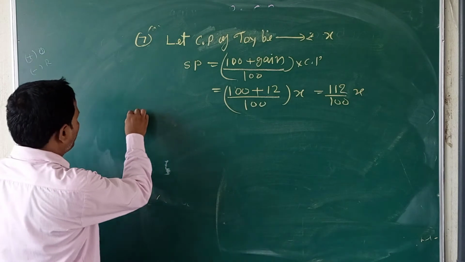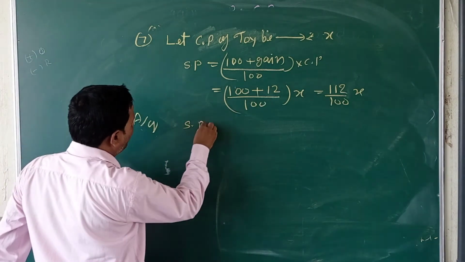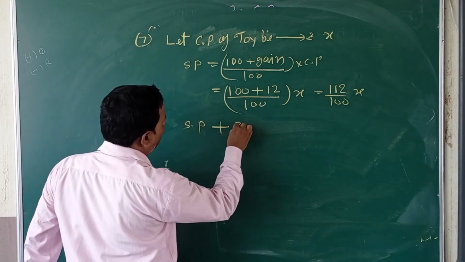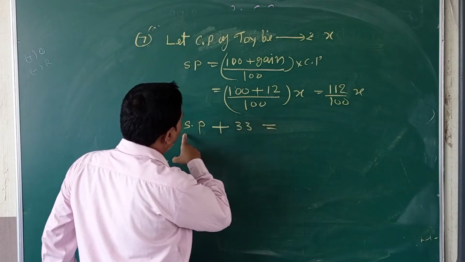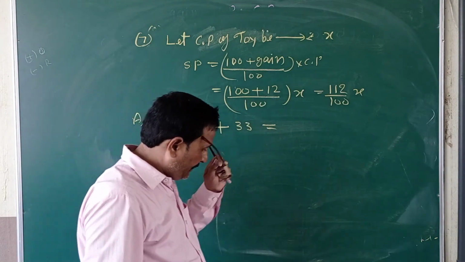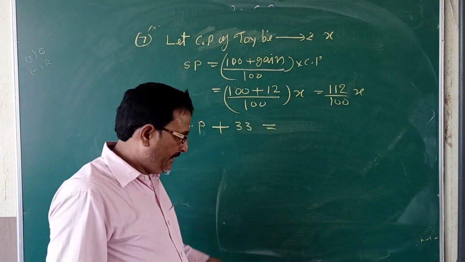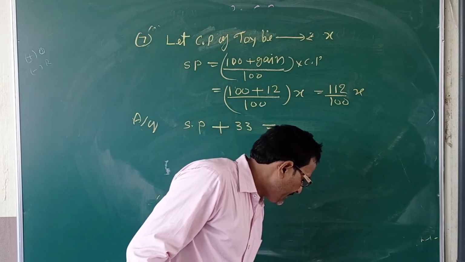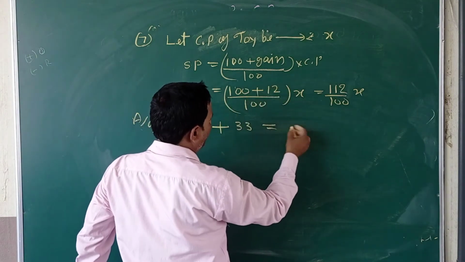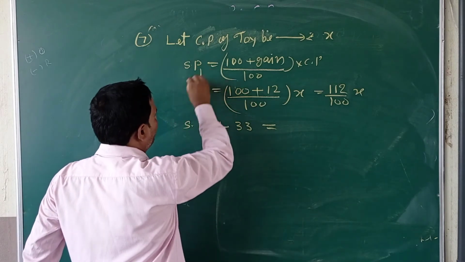Now case 2, according to the question, if the SP is 33 rupees more, this SP plus 33 rupees, the gain would be 14%. Suppose SP1.